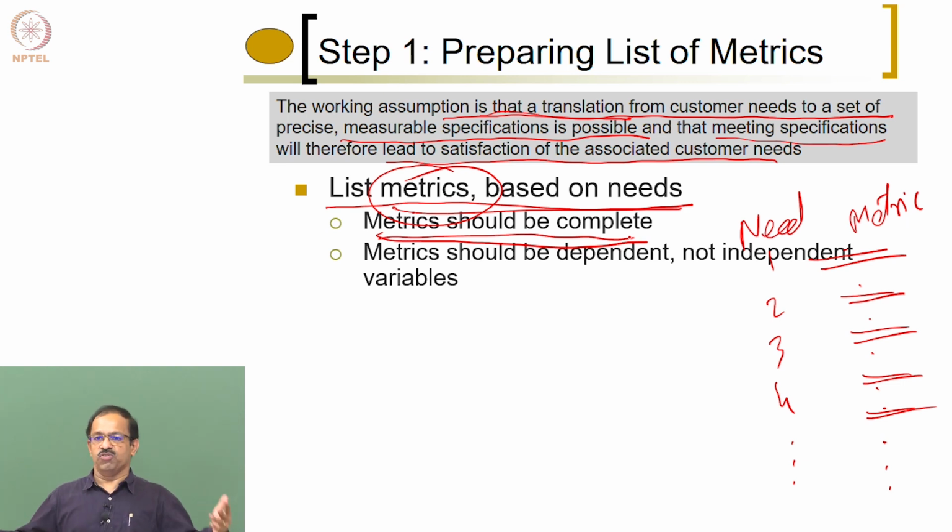Say the product should be strong. What could be a metric? Load bearing capacity. Yeah. Because load bearing capacity depends on many other things, right? The material, the thickness, and the way you assemble. How those things are made.